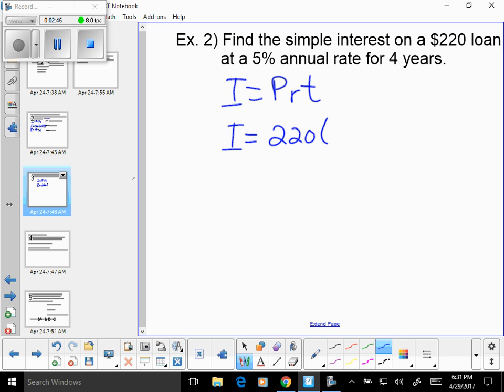Our rate of interest is 5%, which again, we make sure we put into the formula as a decimal. And 4 years, we do have years given to us, so we will be okay there. Then using a calculator to do the math for us, we will come up with a simple interest amount of $44.